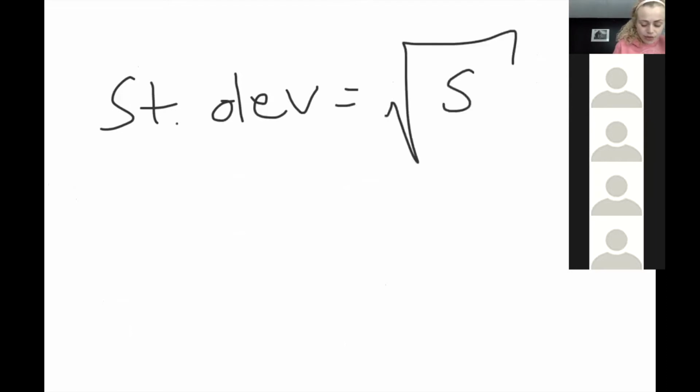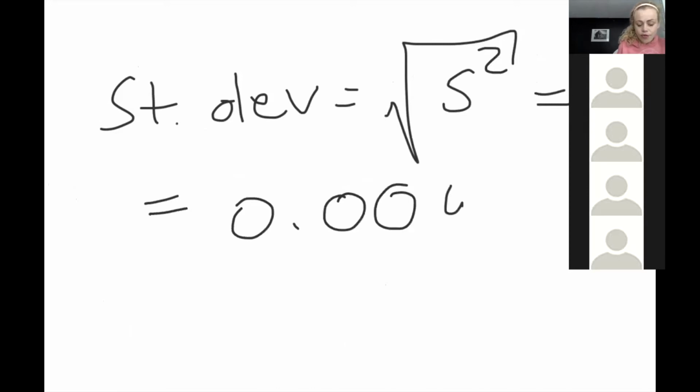So the standard deviation will be the square root of the variance, which will equal 0.00499.